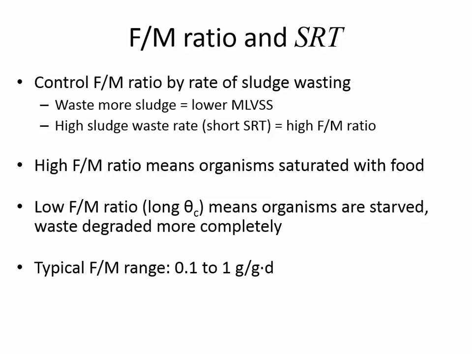And so the typical range of food to microorganisms would be in the range of 0.1 grams of food per day for each gram of microorganisms, all the way up to 1 gram per gram. And you'll remember that the yield is on the order of maybe around 0.4.